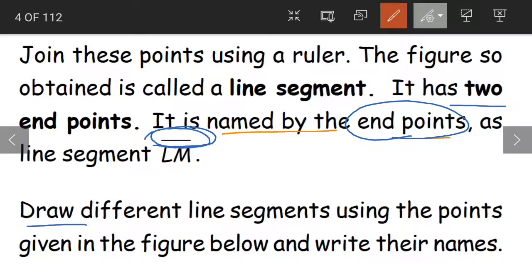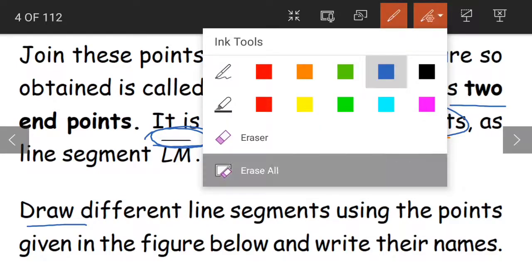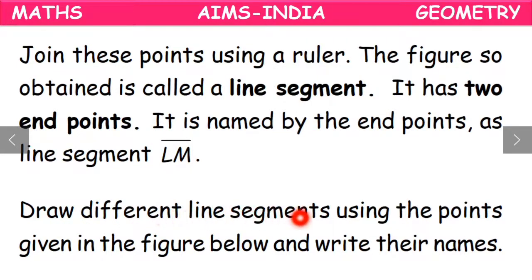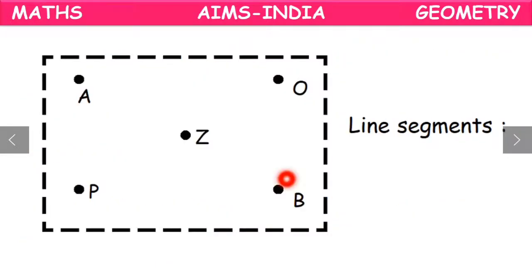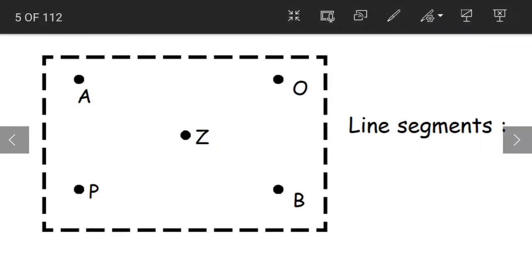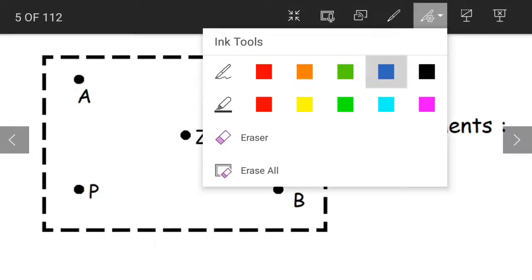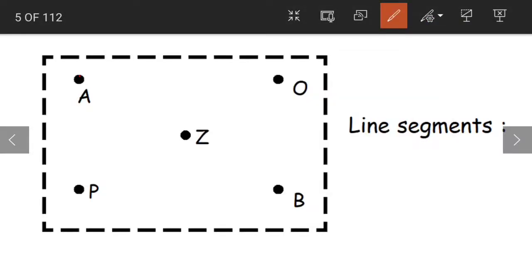Okay, now what is our activity here? Draw different line segments using the points given in the figure below and write their names. We have different points here. With these points we have to draw line segments. What is a line segment? When we join two endpoints, 2 points. Let us say we join these two and these two.